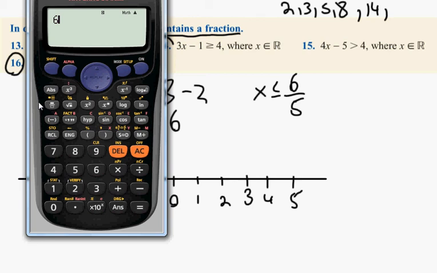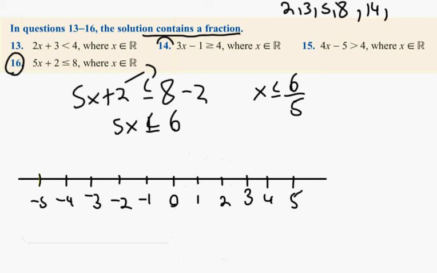Now, what is 6 over 5? Where is 1.2 located? Is it smaller than or bigger than? It's equal to, which means it's going to be a filled in dot. And then you're just going to shade it and draw an arrow. Everybody right with that? Okay.